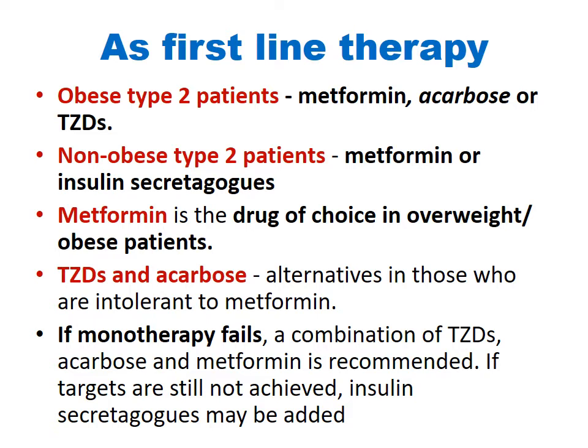So for the treatment, you start mainly with metformin, then metformin or acarbose or thiazolidinediones as first line of drug therapy. If treatment fails, we can use drug combination of these drugs together with drugs that stimulate insulin.